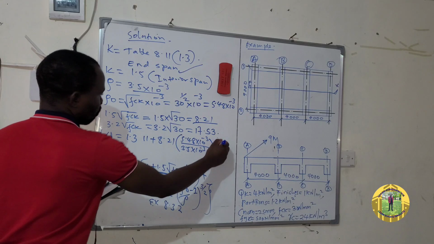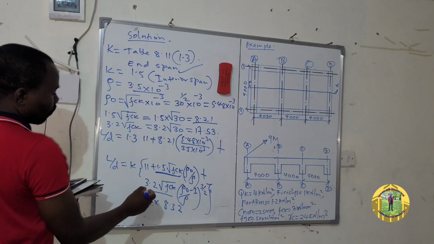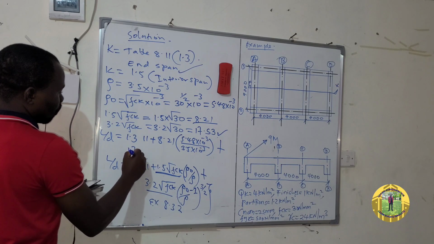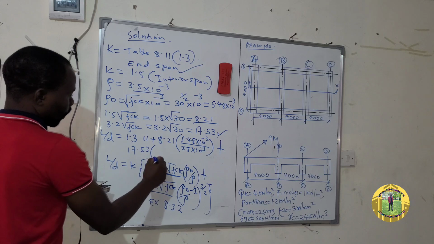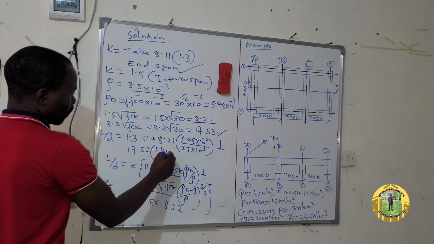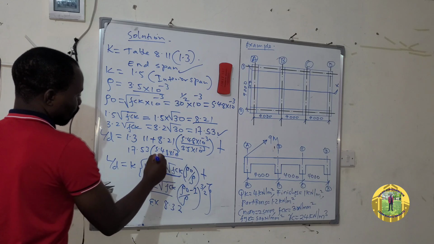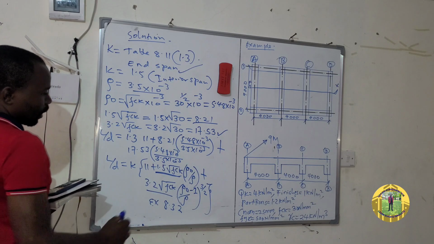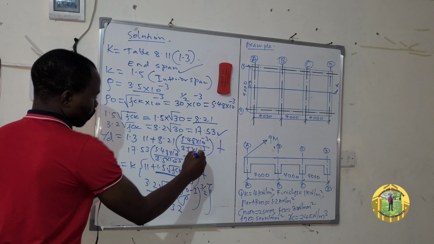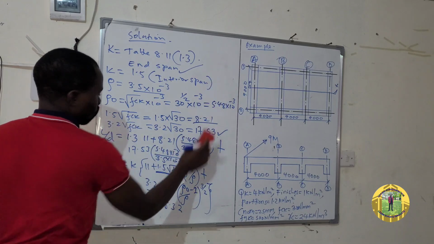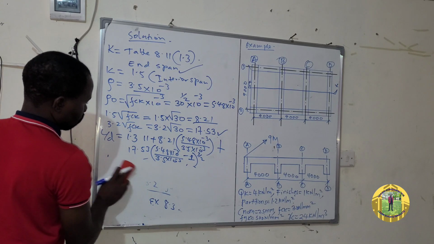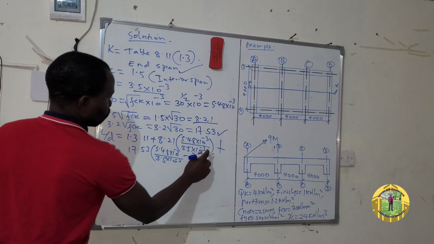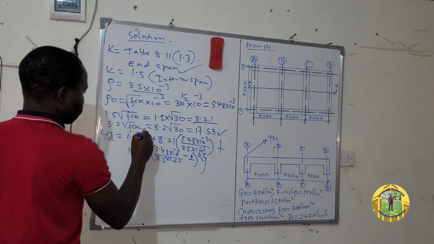Then plus 17.53 into bracket 5.48 times 10 to the power of negative 3 over 3.5 times 10 to the power of negative 3, then minus 1, raised to 3 over 2, and you put the larger bracket like that.